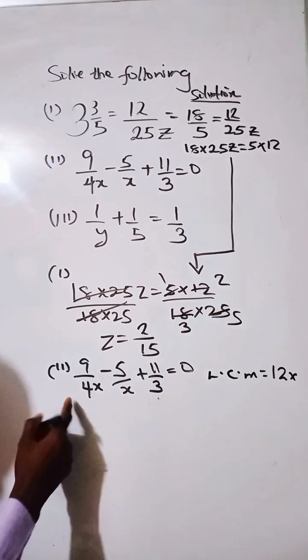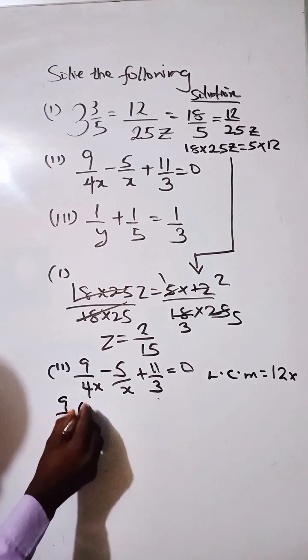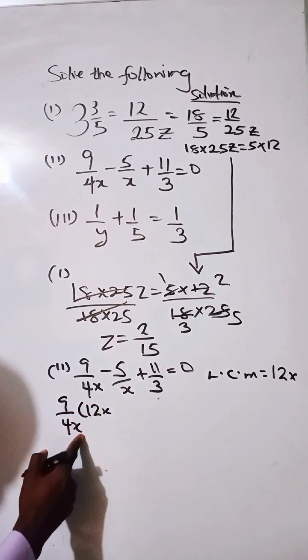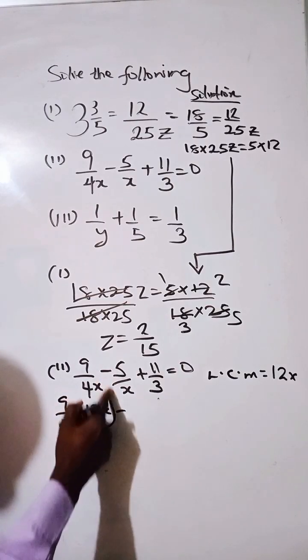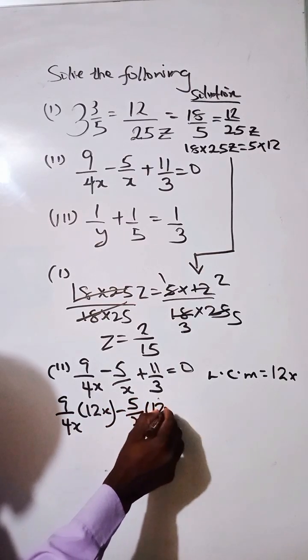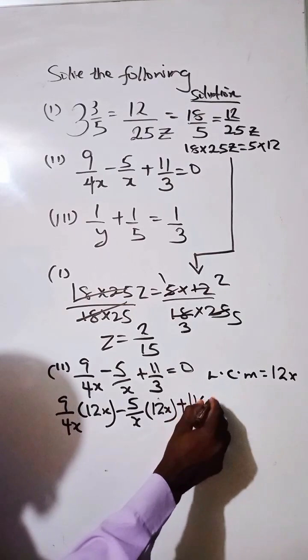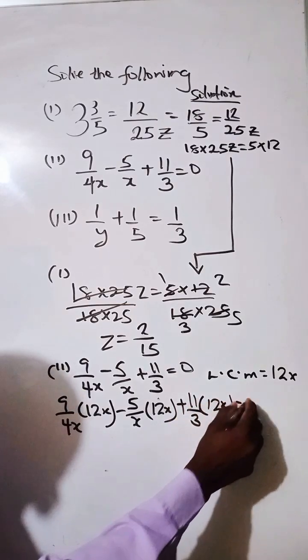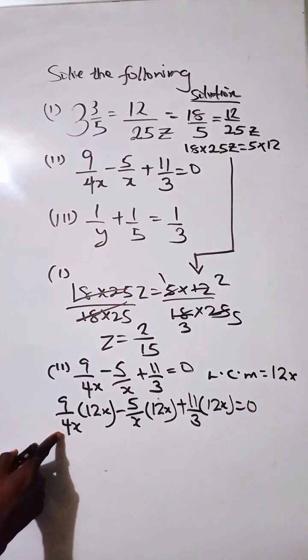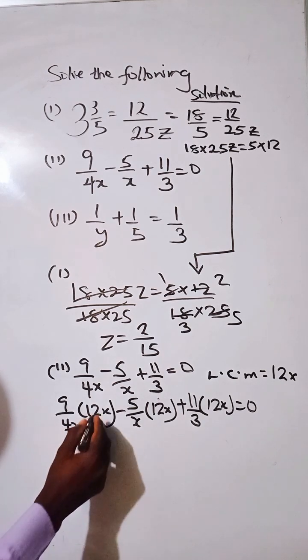So we have 9 over 4x times 12x, minus 5 over x times 12x, plus 11 over 3 times 12x, equals 0.